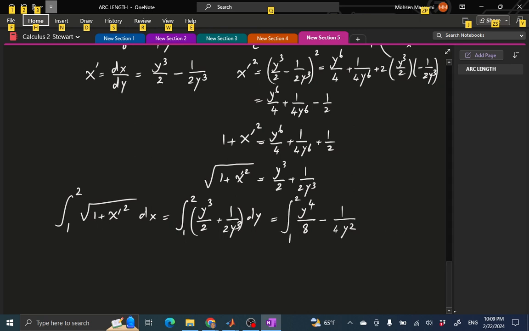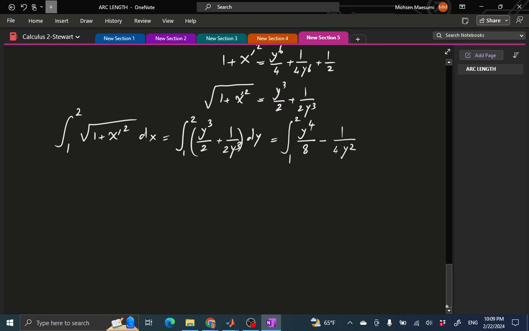Integrating from 1 to 2, we just put our numbers there. 2 to the power of 4 minus 1 to the power of 4 over 8 minus 1/4 of (1 over 2 to the power of 2 minus 1 over 1 to the power of 2).